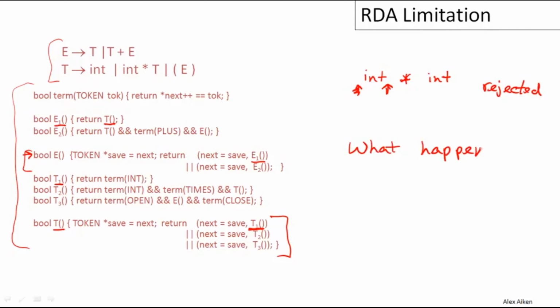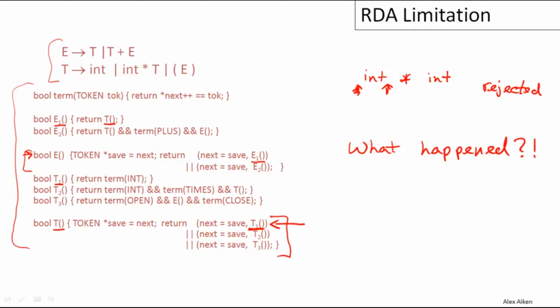Why didn't we succeed in parsing this input, which is clearly in the language of this grammar? Well, the story here is actually a little bit interesting. What happened is that when we discovered that int matched the first production for T, we said that T was done, that T had succeeded and had matched its input.